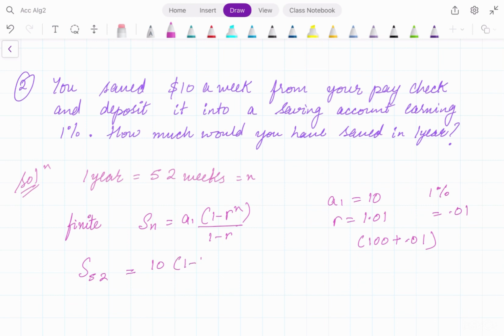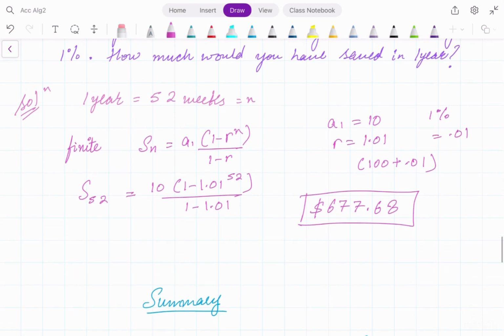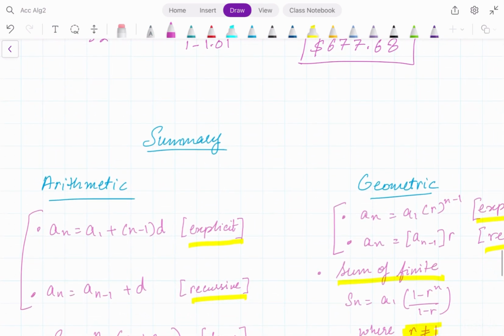So 10 times 1 minus 1.01 to the power of n, which is 52 in this case, divided by 1 minus 1.01. If you were losing instead of earning, then we would have subtracted 0.01. So we can write our final answer as $677.68.